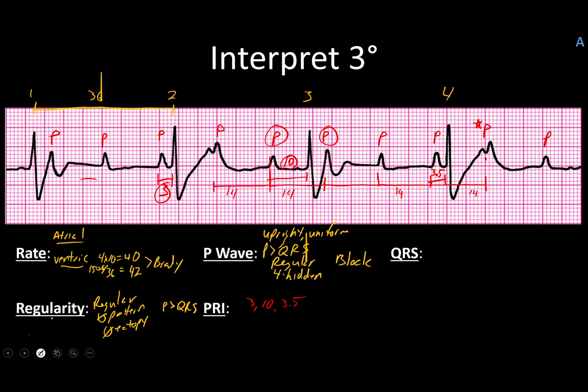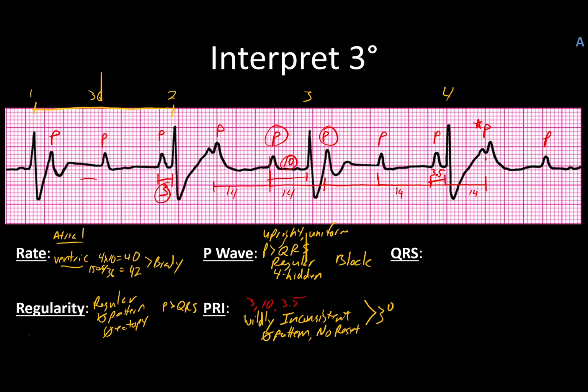And so because of that variability in the PRI, it can't be a second degree type 2 in any way, shape, or form. And so we will just say wildly inconsistent. No pattern, no reset.